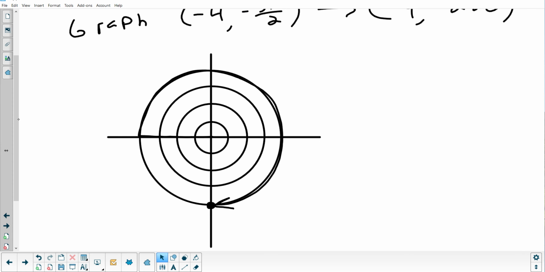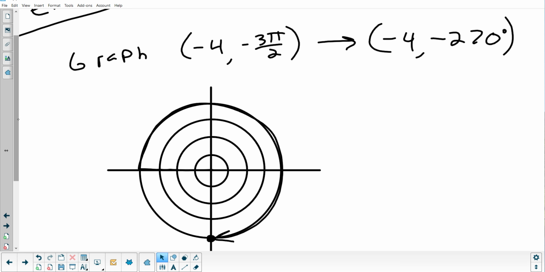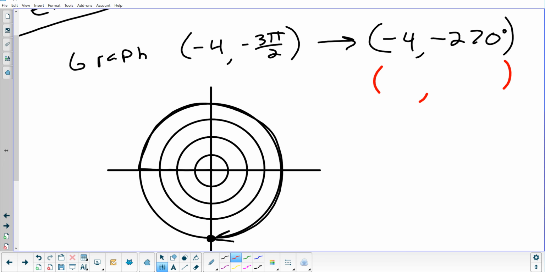All right, can someone give me another way that I can get to that same point, besides -4, -270? Yep. Would it be like 4 and 90? 4 and how much? -90.